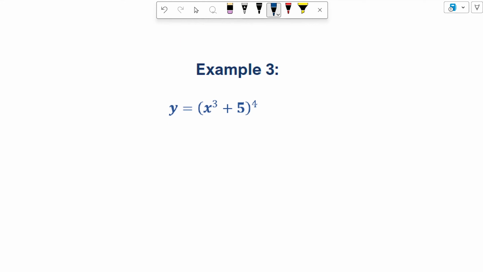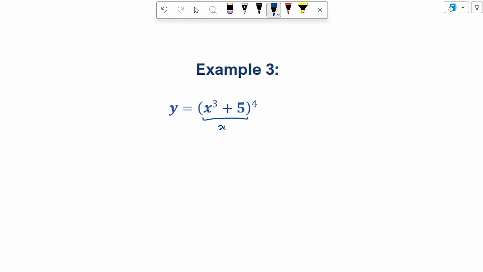Moving on to example number 3, something a bit more complex. y is equal to x raised to the power of 3 plus 5 bracket, everything raised to the power of 4. How do we do this? So first, we are going to consider y raised in the bracket as just x.